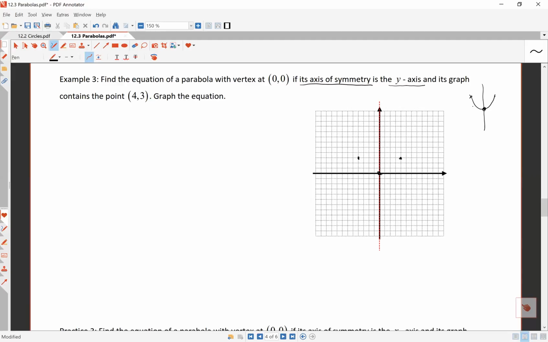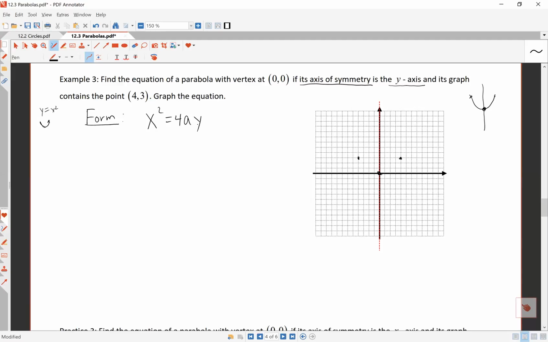Since the graph opens up, we know it takes on the form, remember, y equals x squared are graphs that open up. So we have x squared equals 4ay. We don't know what a is, but once we do, we'll have the equation.